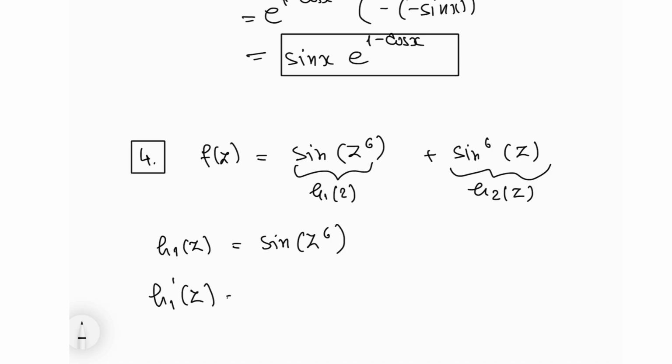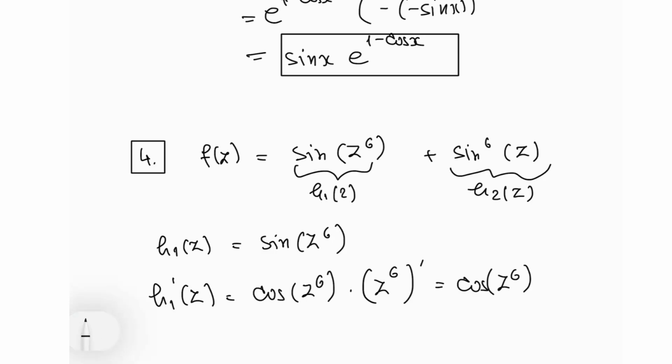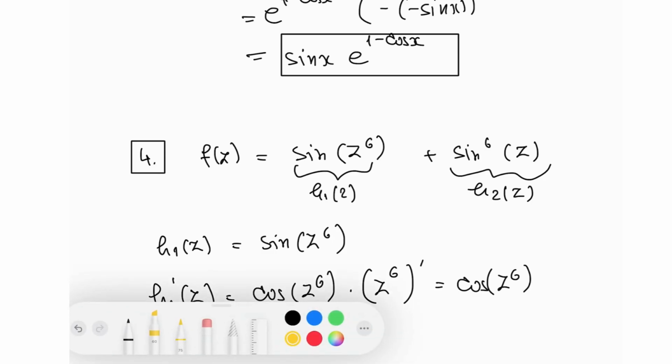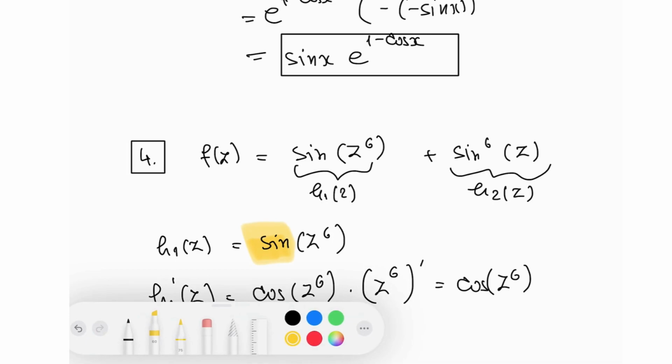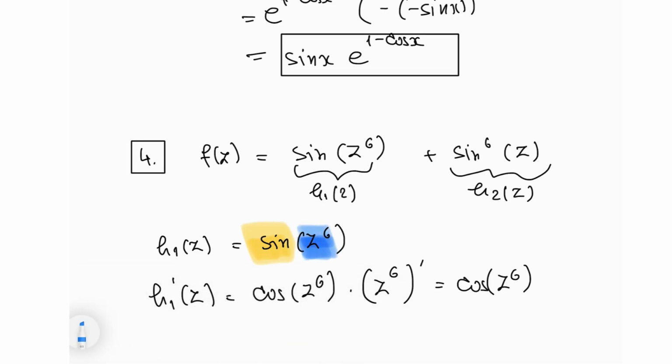h1 prime of z is cosine z to the power 6 times z to the power 6 prime. So if it's easier for you, first you differentiate the sine function, so the outside function, and then you have to differentiate the inside function.